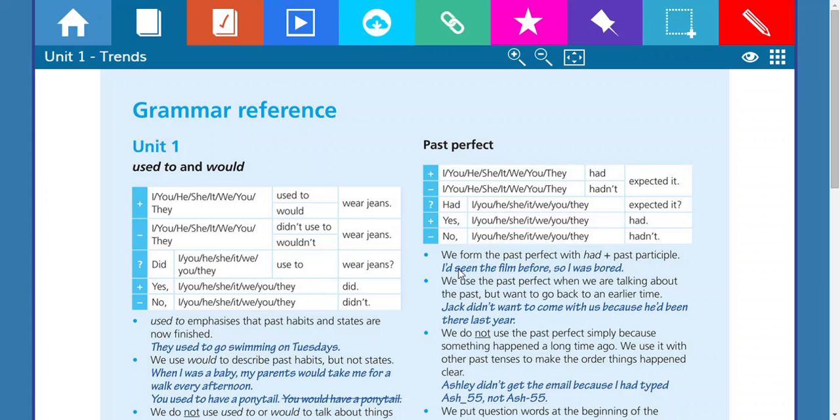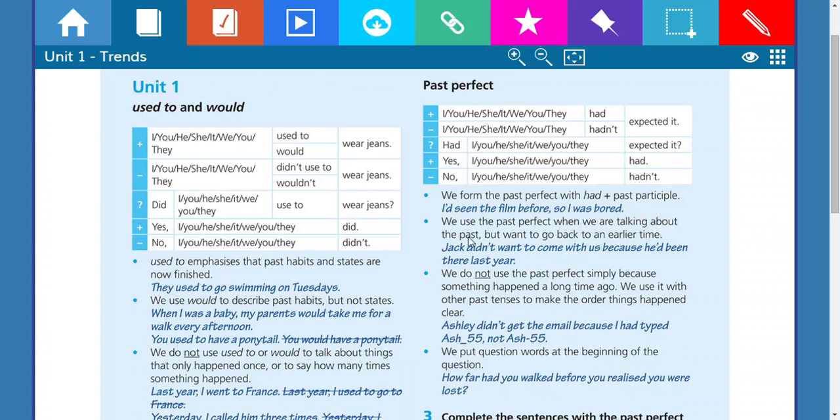Let's see. Okay, here is the contraction of had. This is the complete form, and this is the contraction. You can say, I had seen the film before, so I was bored, or I'd seen the film before, so I was bored. Okay? Now, we use the past perfect when we are talking about the past, but want to go back to an earlier time.